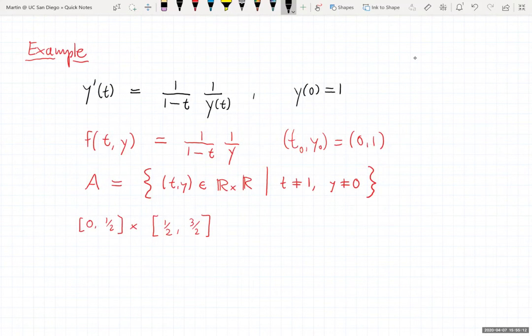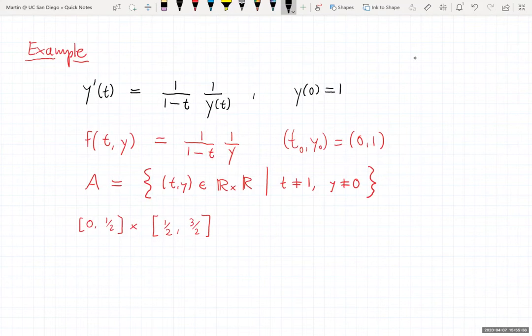Now what we can tell is that t naught, y naught is indeed contained in the set A. And what's more, I can go from t0 up to some time t1, for example, 1/2.